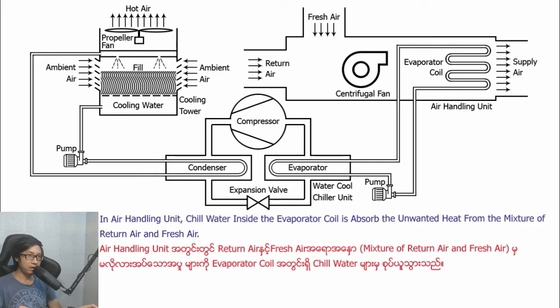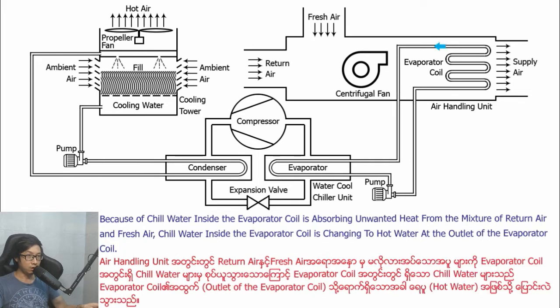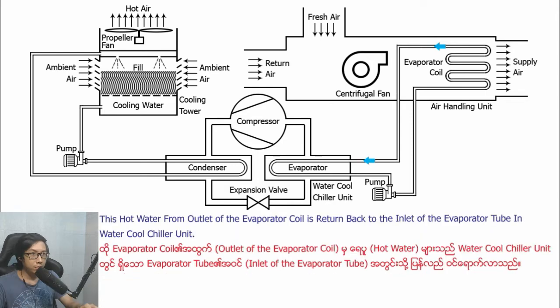In the air handling unit, the chilled water inside the evaporator coil absorbs heat from the mixture of return air and fresh air. Because of this heat absorption, the chilled water inside the evaporator coil changes to hot water at the outlet of the evaporator coil.